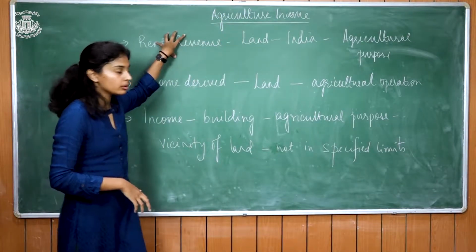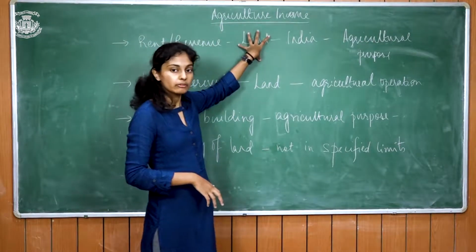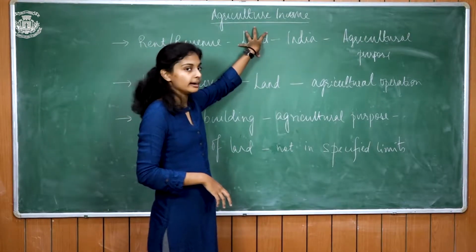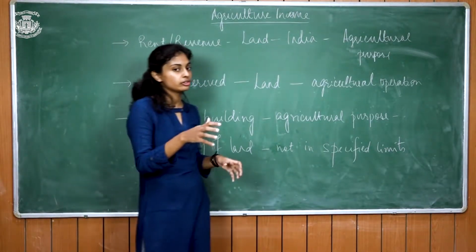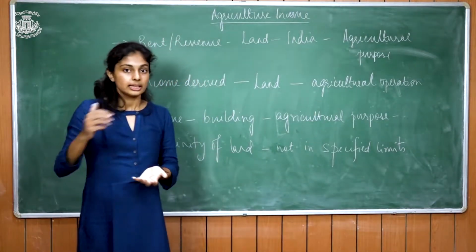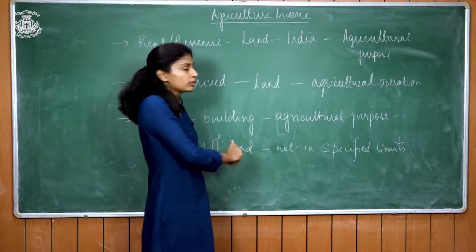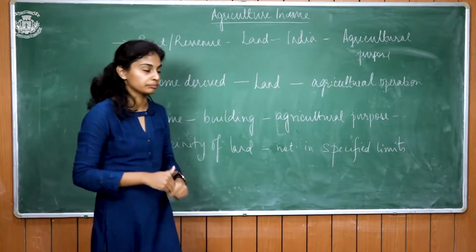Another point to be noted is that the rent or revenue has to be derived from land. That means operations such as dairy and poultry farming are not directly derived from land, so they are not agricultural income.